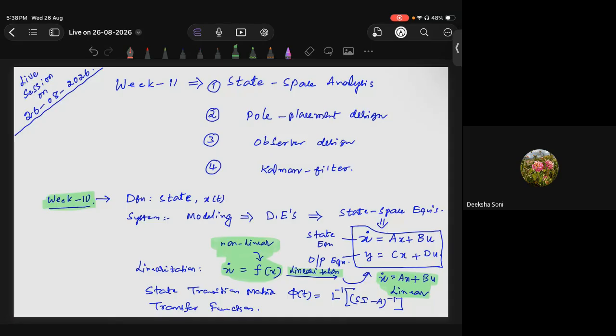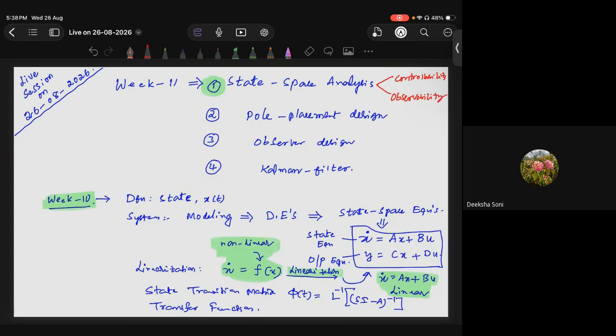Now in week 11, we will continue the same thing, in continuation of all these concepts. Specifically, we discuss two concepts called controllability and observability.